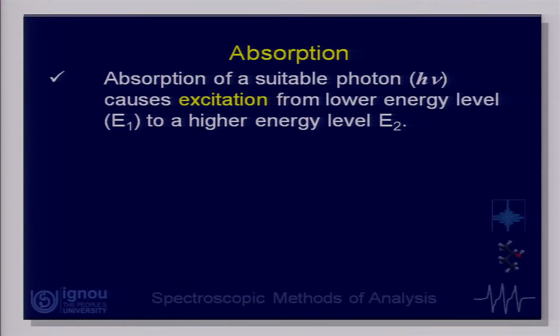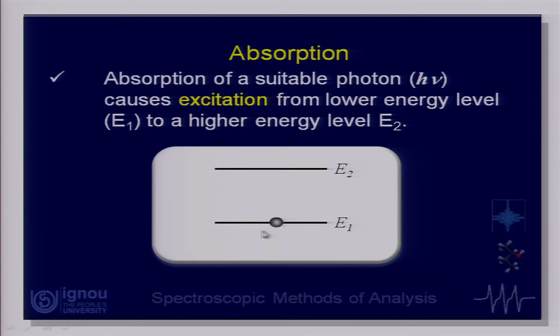Let us begin with the meaning of absorption of radiation. You have a molecule or any system of matter, it could be an atom or molecule, and radiation comes and interacts with it. Say these are my molecular energy levels, E1 lower energy, E2 higher energy. The system to begin with is in the lower energy level E1.